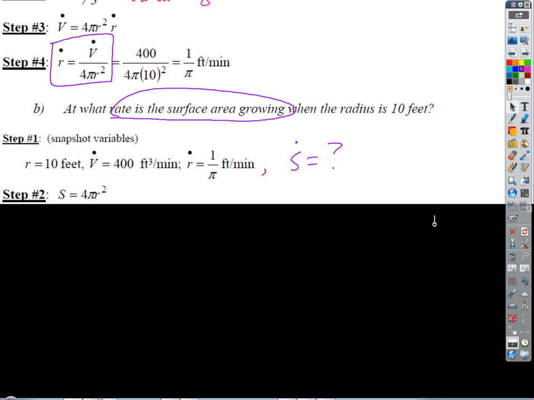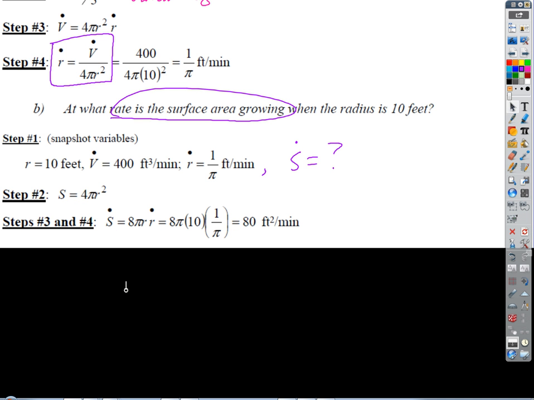On the left side here, I'm just going to get S dot, right? Because we're differentiating with respect to t. Okay. What about the right side? Well, I've got the 4 pi out front. What's the derivative of r squared with respect to t? We're going to get 2r times r dot, right? Because there's 2 links in the chain. And so that's what we've got then.